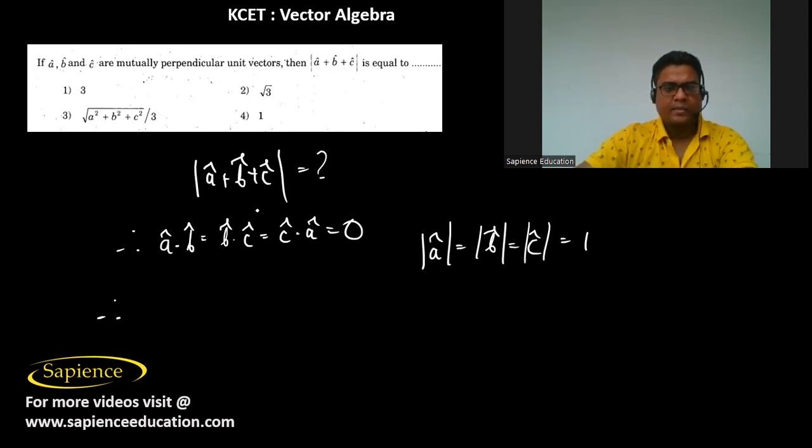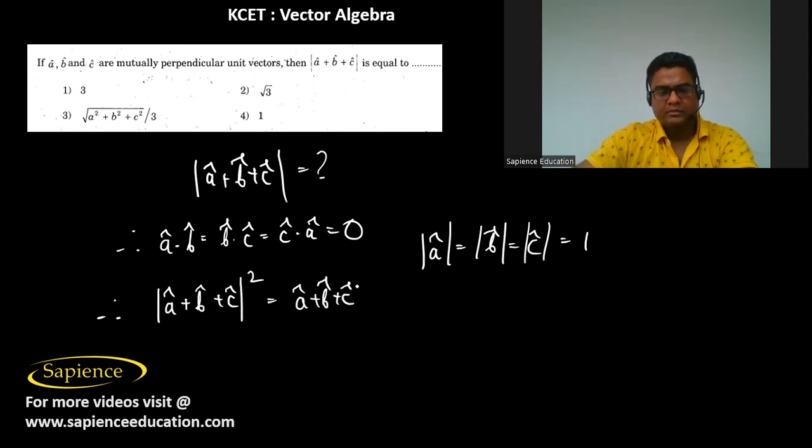Now, therefore, the magnitude of A cap plus B cap plus C cap, its square, will be equal to A cap plus B cap plus C cap dot product with itself. Since we know that mod A square is equal to A dot A. So here it will be this dot A cap plus B cap plus C cap.